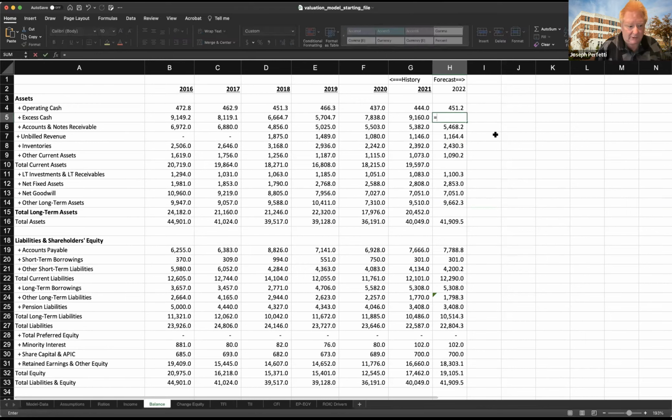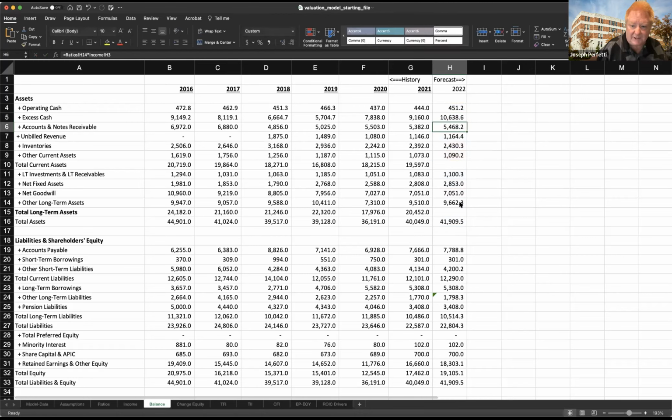Equals total assets, which is H16, minus everything else: minus the operating cash, H4, minus accounts receivable, H6, minus unbilled revenue, H7, minus inventory, H8, minus other current assets, H9, minus long-term investments, H11, minus net fixed assets, H12, minus goodwill, H13, minus other long-term assets, H14.